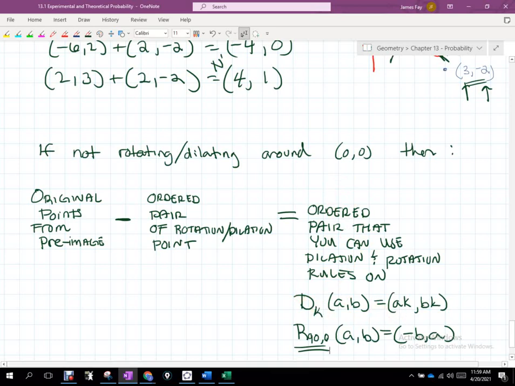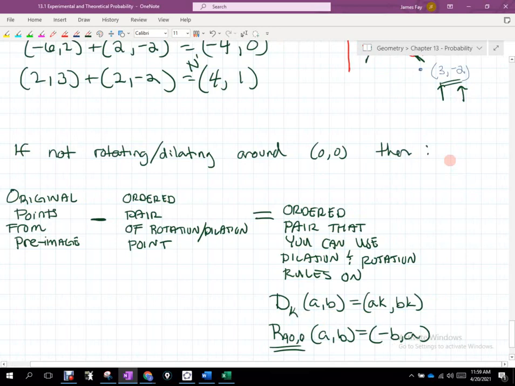Okay? Then add back to that the ordered pair of rotation or dilation. Okay?